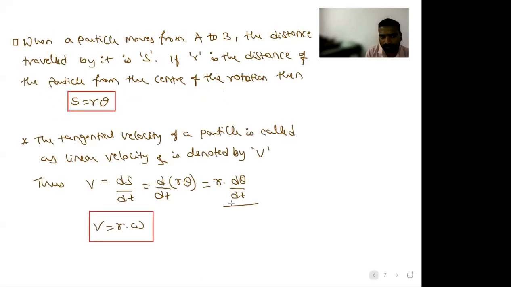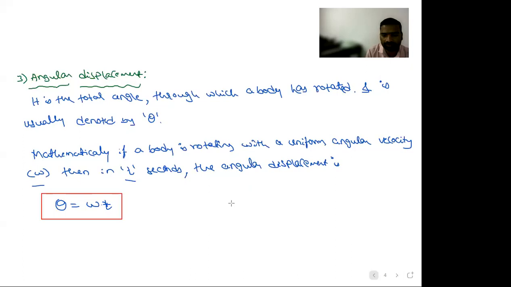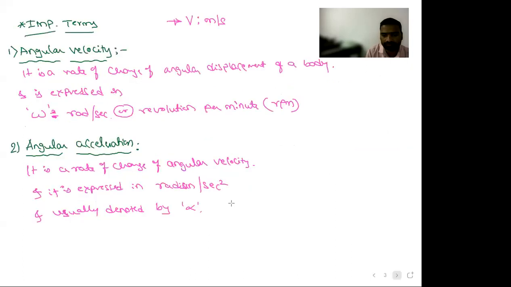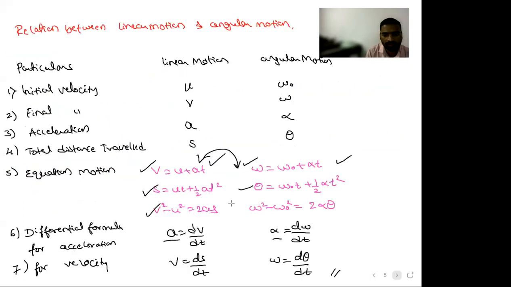Wait a minute, just check here. Alpha is equal to d omega by dt. Okay, omega is equal to, from this equation, d theta by dt. So d by dt of omega, which is d theta by dt, can I write it as d square theta divided by dt square?